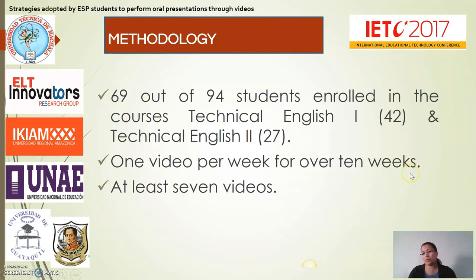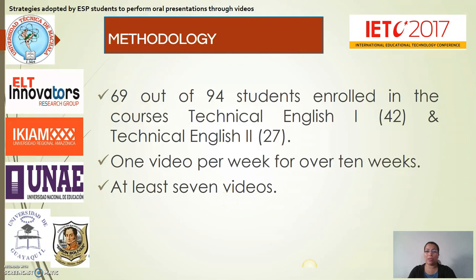In the videos, students explained the content they had learned during the previous week. And one of the criteria that we had to select the participants was that these students had made at least 7 videos.